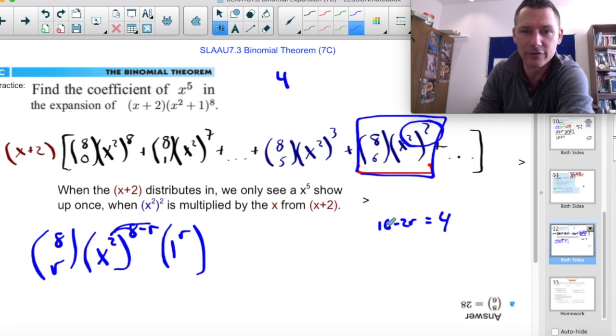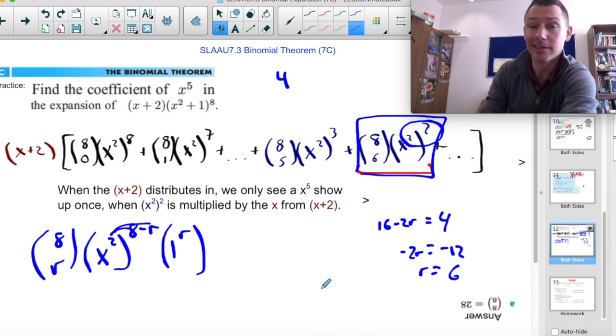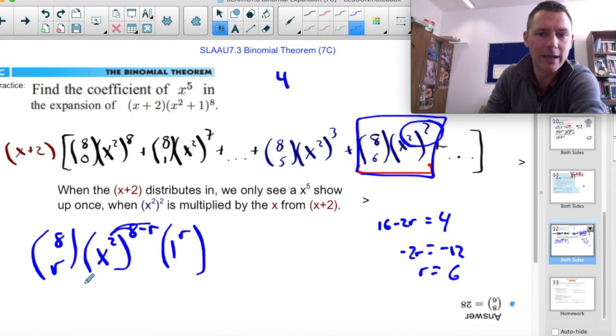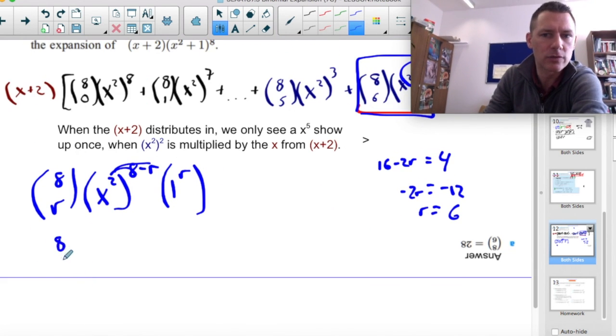Alright, so I need this exponent to be 4, so when we distribute the x in, we get 5. So what do we do? Subtract, you get negative 12 is negative 2r, so r is 6. It's always 6, guess 6 on the exam. Then we can plug these 6's back in for these r's, so you get 8 choose 6.